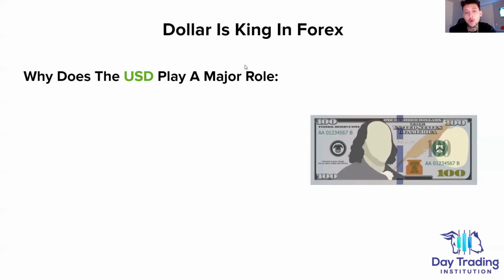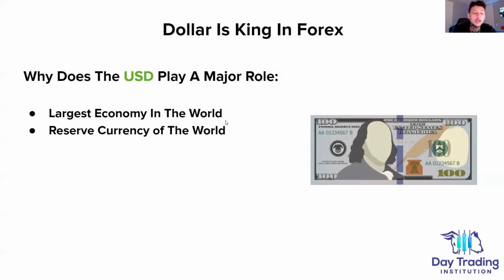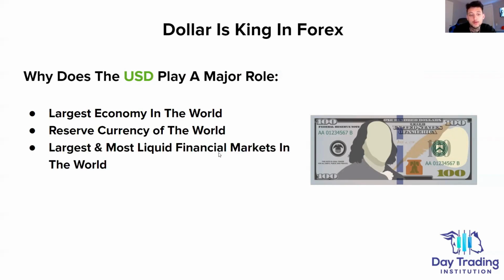So now let's take a look at why the dollar is the most traded currency within Forex, why most people actually trade the dollar. So obviously, one, it is the largest economy in the world. It is also the reserve currency of the world. And along with all of that, it is the largest and most liquid financial market in the world as well.